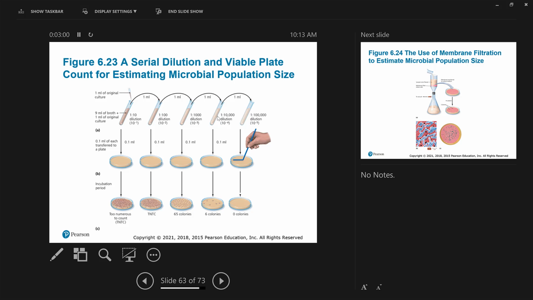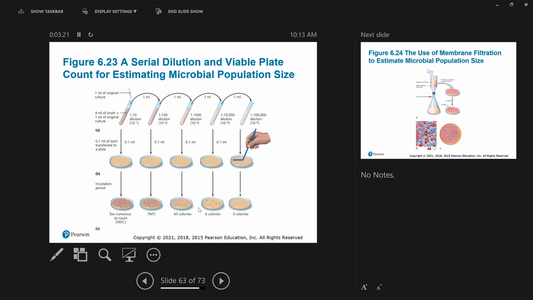Now the idea is that even though you're diluting your samples, the amount of dilution that you put on the plate is still going to contain some cells. How many cells? Well, you don't know that until you allow those cells to incubate and turn into colonies.